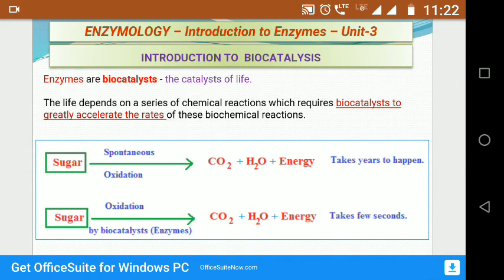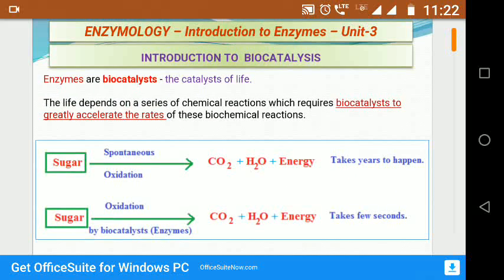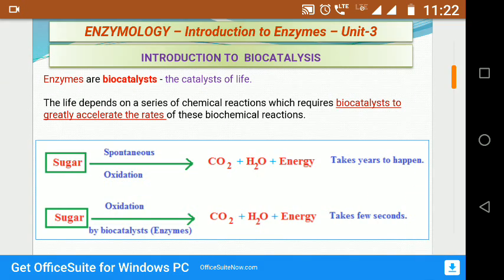Now we can understand why these enzymes are really important. Without the existence of enzymes, we cannot imagine life on the earth, because life itself depends on the metabolic processes that take place in each and every cell of life, whether it is a bacteria or even a virus, or a lower level organism or a higher level organism like human beings.